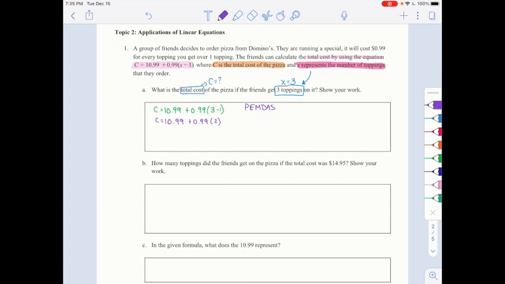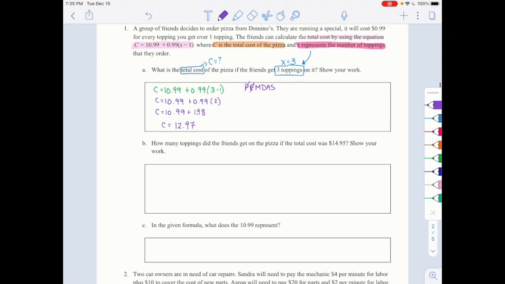Then PEMDAS tells me to do exponents, but I don't have any, so then I'm going to do multiplication. 0.99 times 2, 99 cents times 2, 1.98. And then add as my last step, $12.97. So if they get 3 toppings, it's going to cost $12.97.